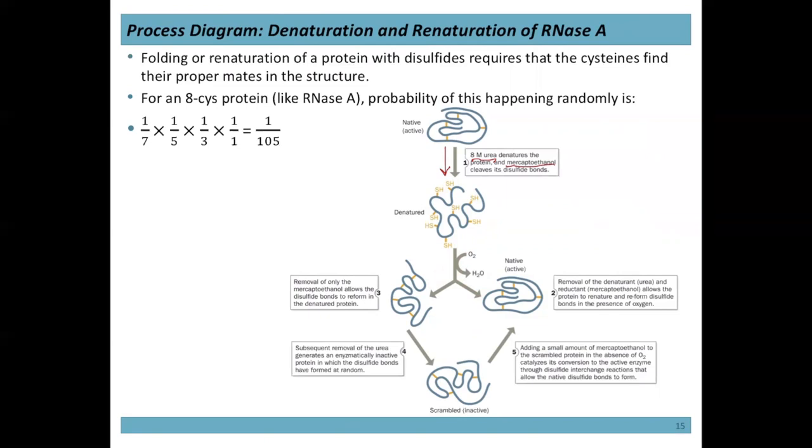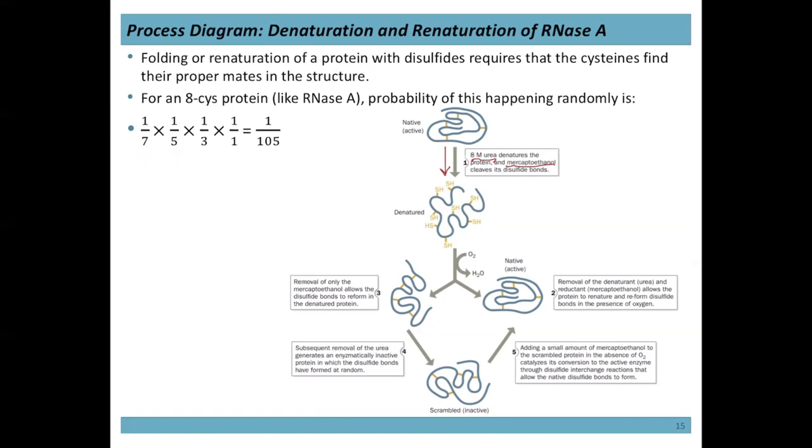In fact, the chance of forming a disulfide here, yeah, don't question my statistics. I never had the class, but this is how you'd calculate it. So I've got a 1 out of 7 chance that I'll form the right disulfide. Then to form the next one, I'd have a 1 out of 5 chance to form the correct disulfide.